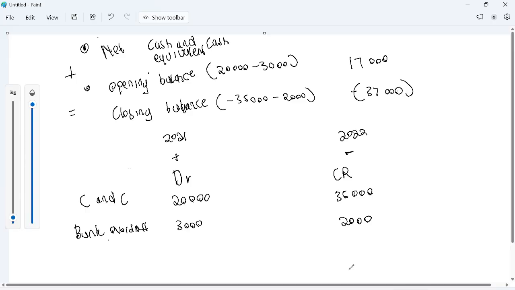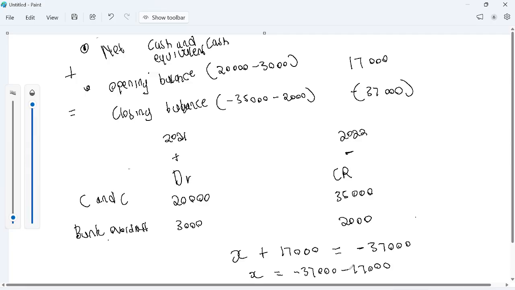So my bank balance at the end is negative 37,000. Like I said, this information plus this information has to give me the balance at the end of the year. So I'm going to say x plus 17,000 has to give me negative 37,000. So x is equal to negative 37,000 minus 17,000.